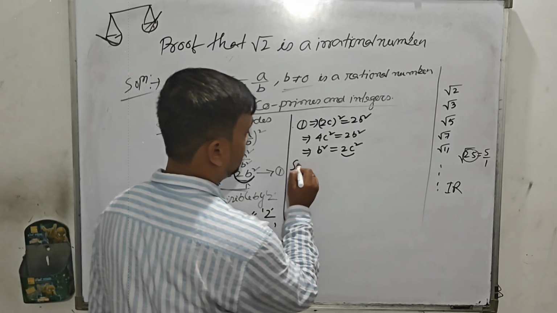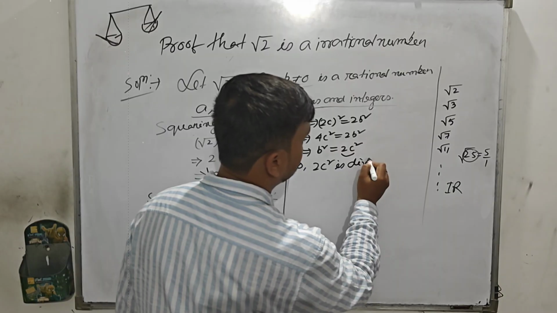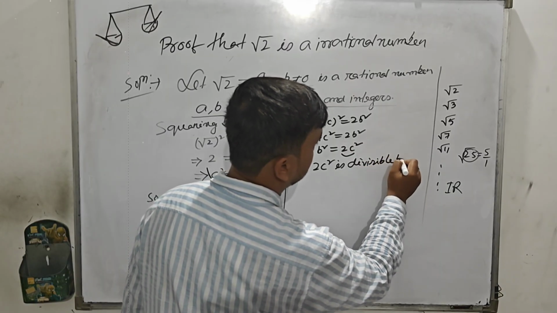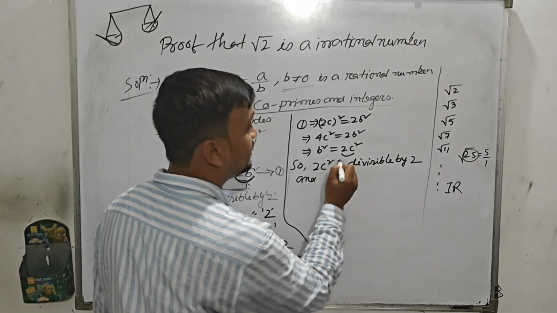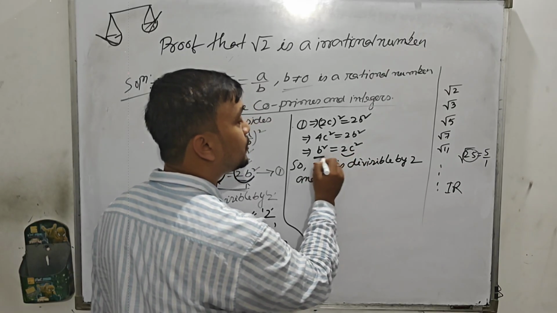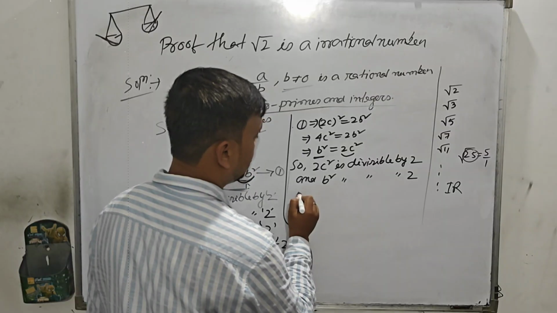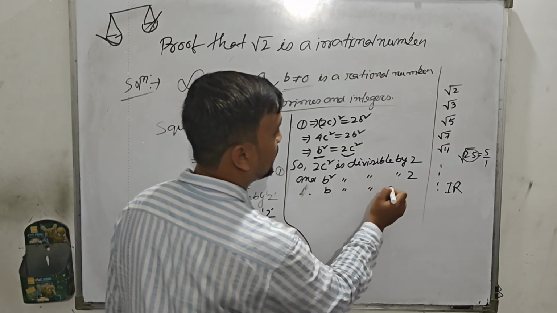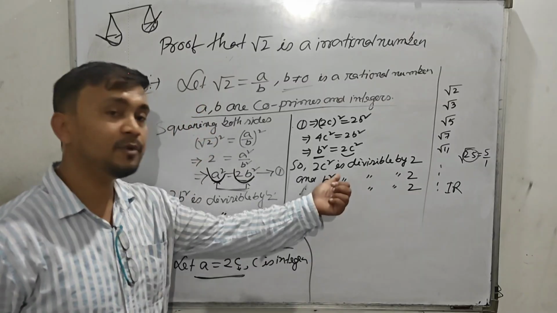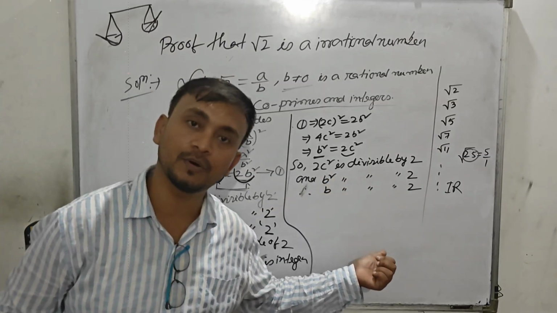So 2c square is divisible by 2, and if this part is divisible, this part also will be divisible. b square is divisible by 2, and therefore b is divisible by 2. The same logic will be applied here, just like this one. That is why I am not explaining this once again.